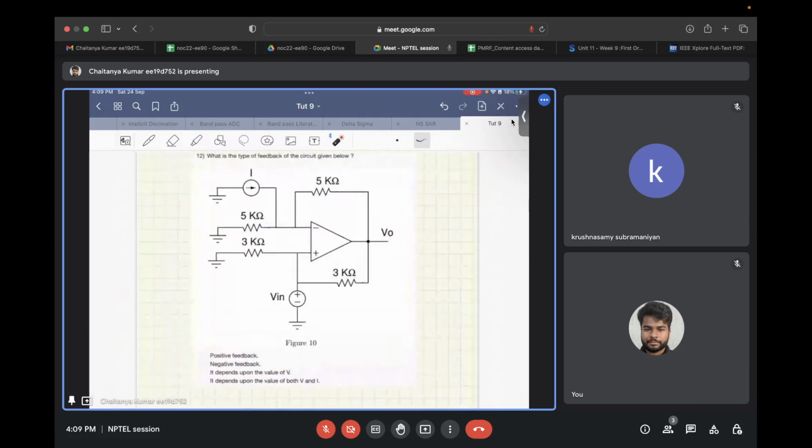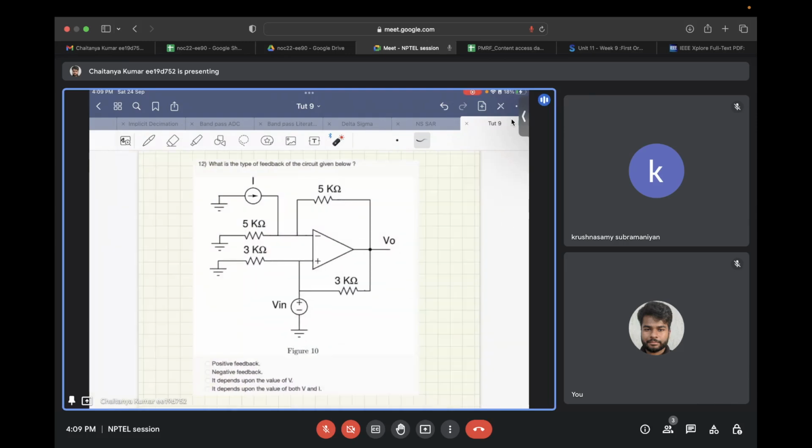Now, let's move to the last question of this year's week 8 assignment. Here you need to find out in what feedback configuration the circuit is. Again you have to de-energize both the current and voltage sources.